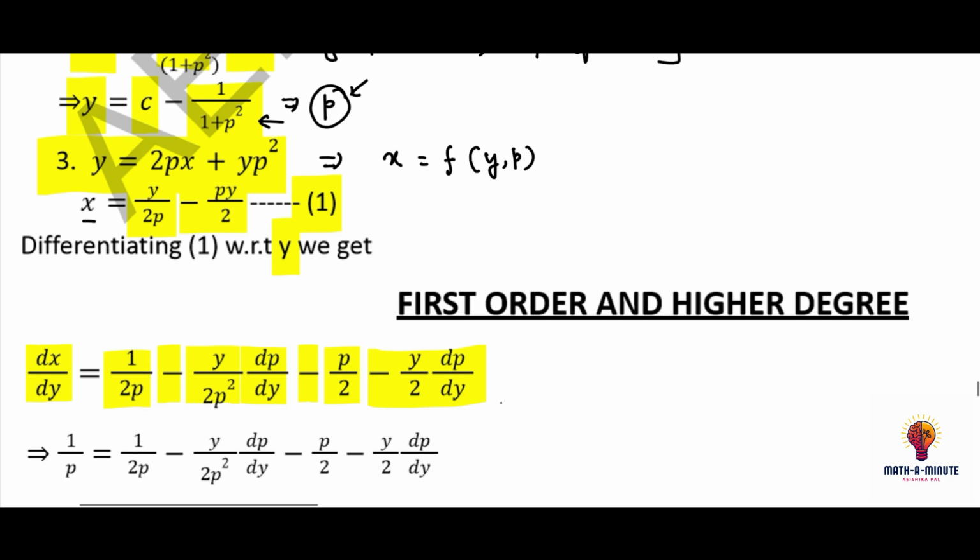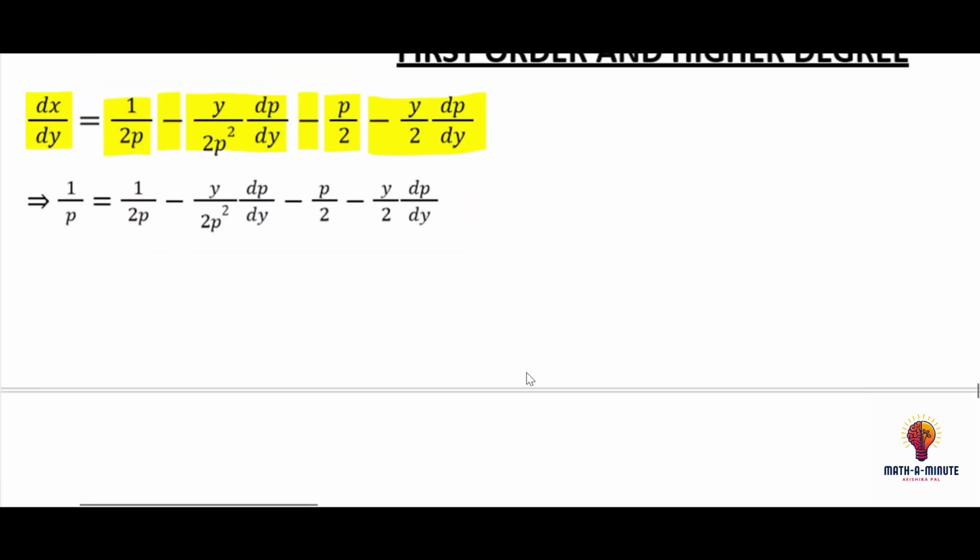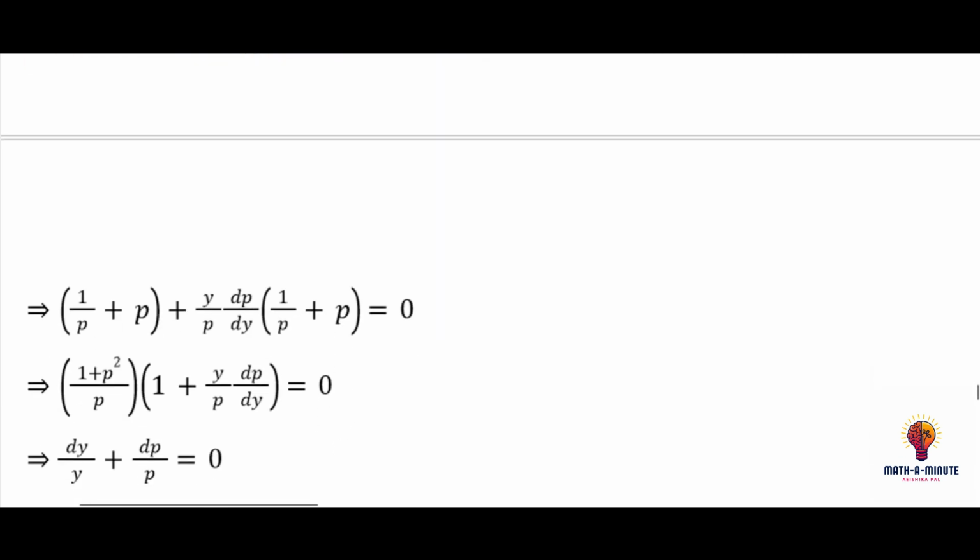Okay, and we just simplify this. We can write this in the form of 1 by p, 1 by 2p minus y by 2p square dp dy minus p by 2 minus y by 2 dp dy. Okay, now we can write the given equation in this form and again in this form.